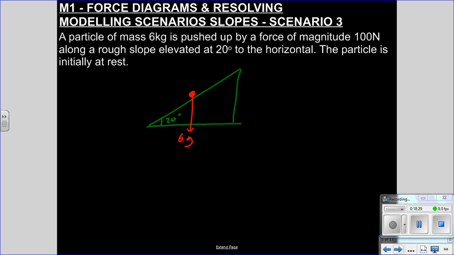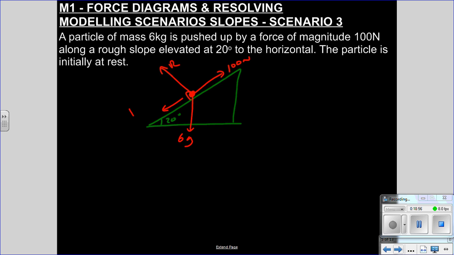Remember, the weight always acts down. And again, if it wasn't a normal reaction, it would just fall through the slope. And remember, the normal reaction is always perpendicular to the surface, okay? It's pushed up by 100 newtons, so up the slope, and it's a rough slope.